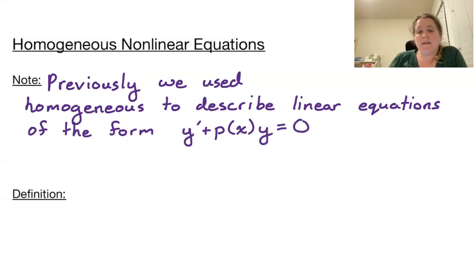And this cannot be generalized to nonlinear equations. So this will be a completely different version of homogeneous.